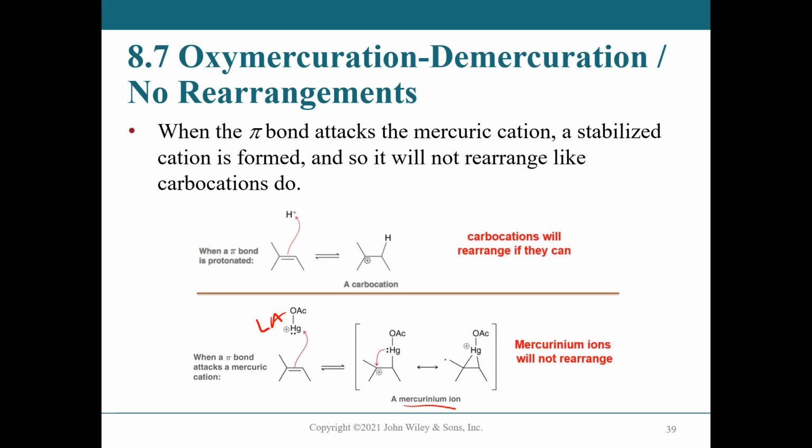It can go in equilibrium back and forth, but there are not going to be any rearrangements. We still have that hydrogen right there, but it's not going to say, oh, I want to move over here to the more stable carbocation. That rearrangement is not going to take place in this situation. The only way you could find this out is to experimentally do this in the lab.